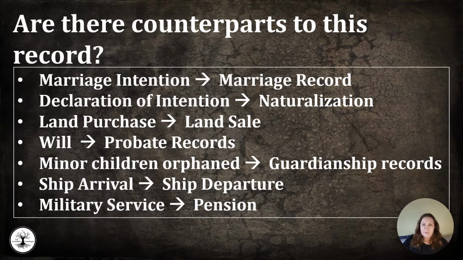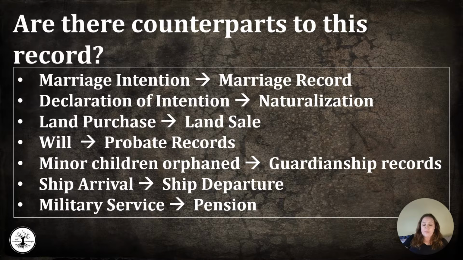Also learn to recognize what it means if you find a certain record. Does it mean that there's a counterpart somewhere because I found one record? If I find like a marriage record, does that mean there should also be a marriage intention listed earlier, a marriage bond? If somebody is naturalized, should I be looking earlier for a declaration of intention to become a citizen? If somebody purchases land, should I be looking later for a land sale?